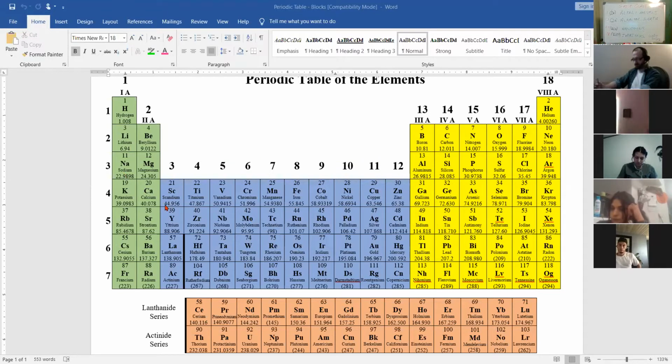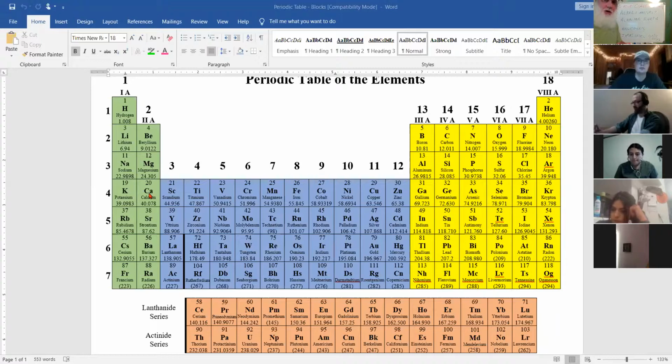If I say, Stephanie, what element does your atom belong to? And you say, well, Raymond, I count 20 protons. Therefore, it must be a calcium atom, because calcium's atomic number is 20.